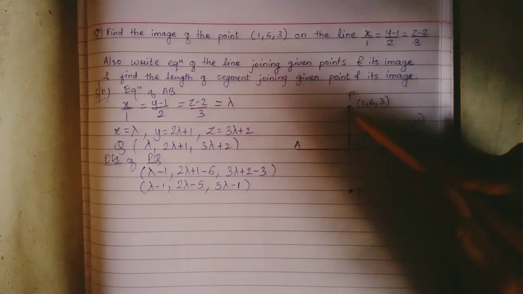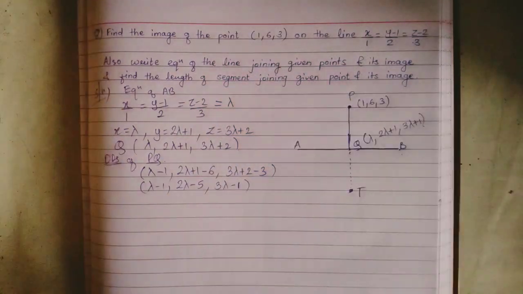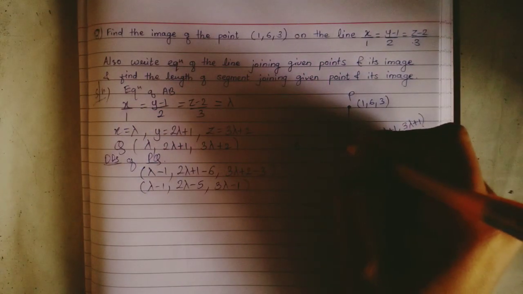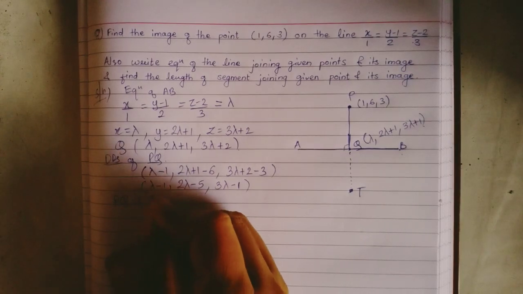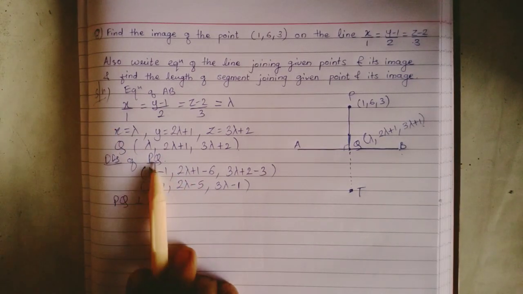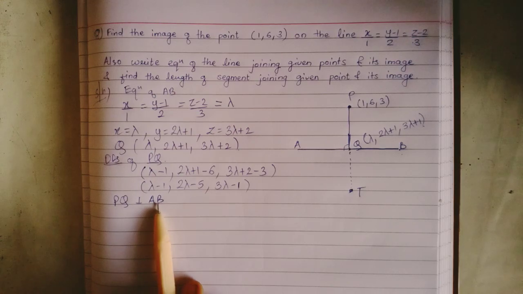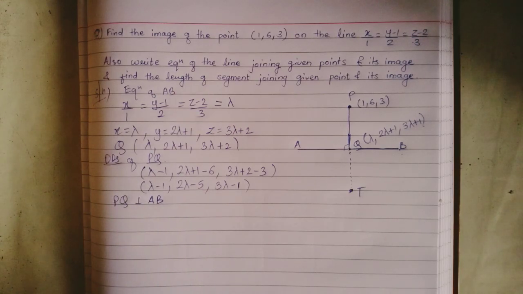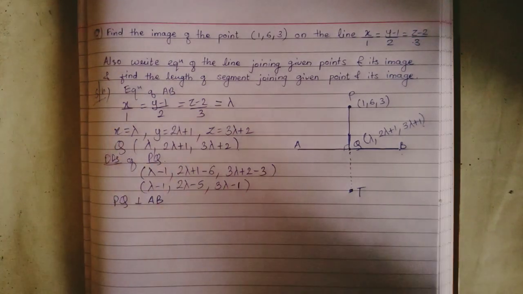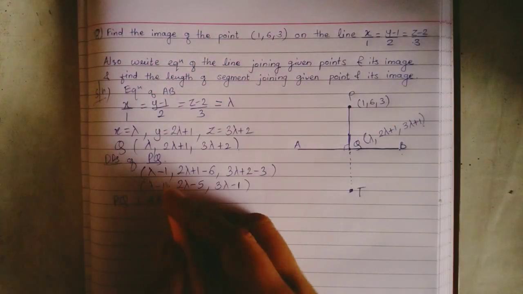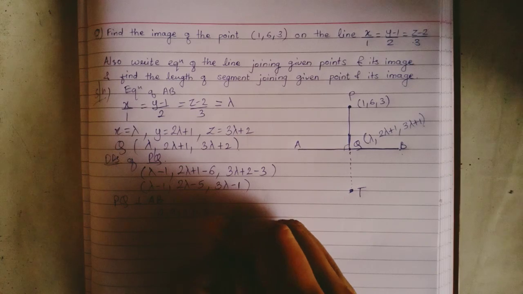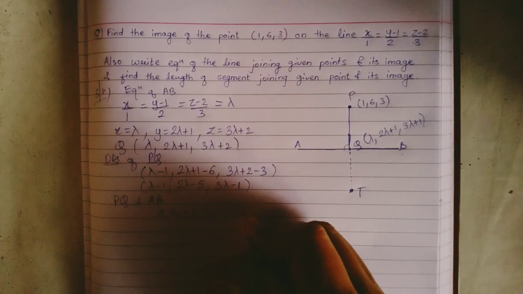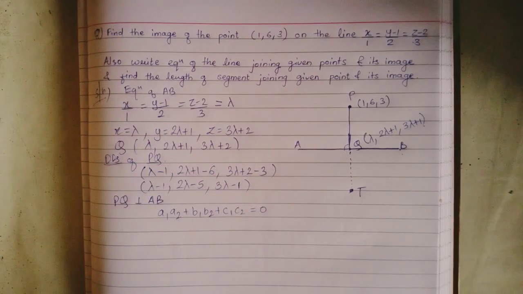Now this PQ is perpendicular to AB. PQ is perpendicular to AB and we know the direction ratios of PQ and also the direction ratios of AB. So we can make use of the perpendicular condition, that is A1 A2 plus B1 B2 plus C1 C2 is equal to 0.